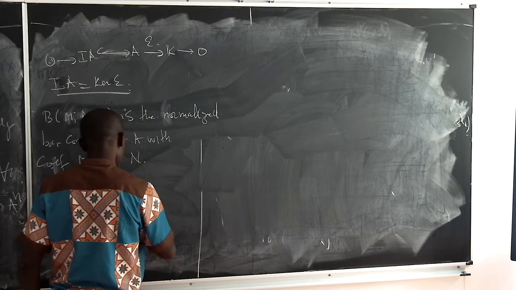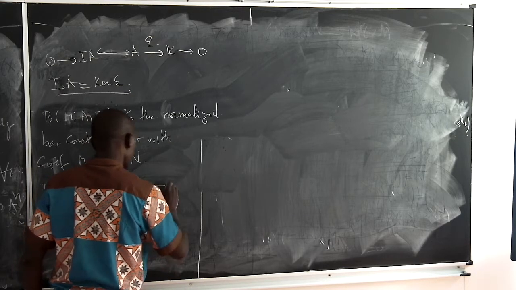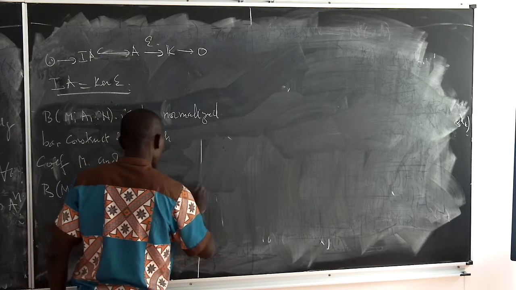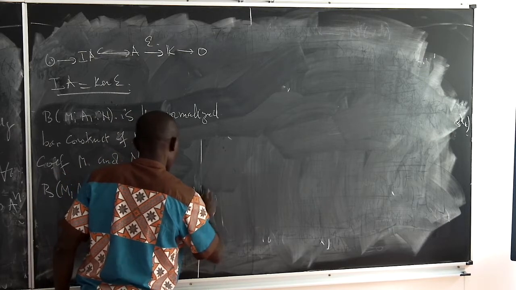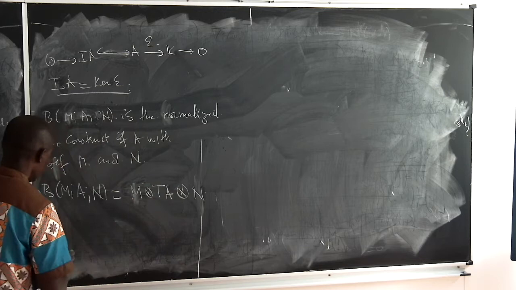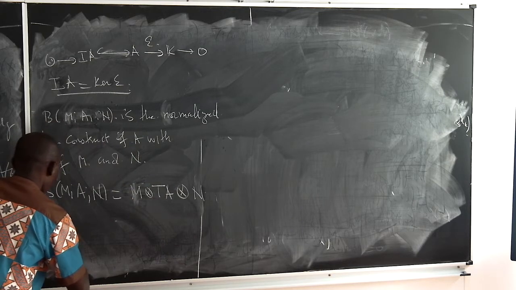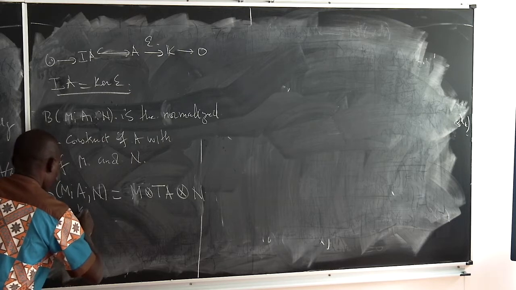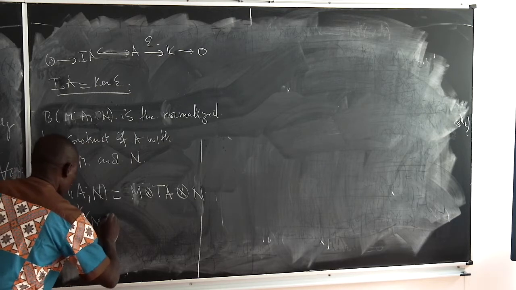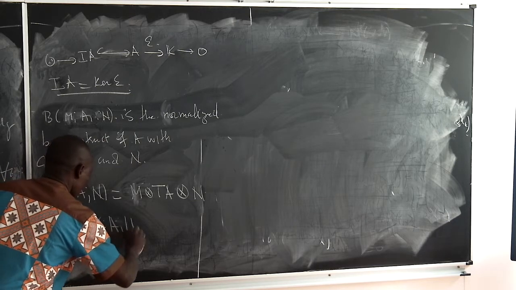M tensor N tensor, so that for all k, B_k(M, N) is equal to what?